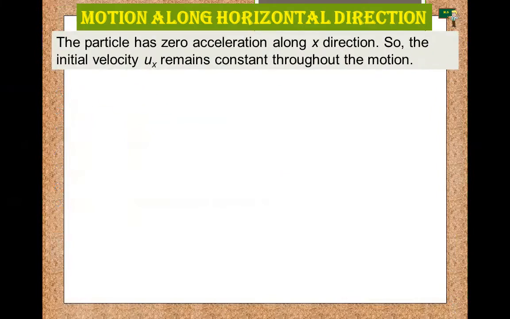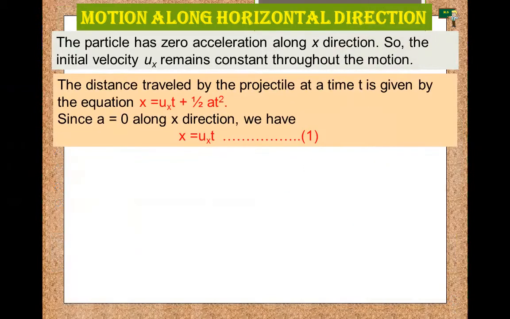Now, motion along the horizontal direction. The particle has zero acceleration along the x direction, so the initial velocity ux remains constant throughout the motion. The distance travelled by the projectile at time t is given by the equation of motion which you know already, x equals uxt plus 1/2 at square.